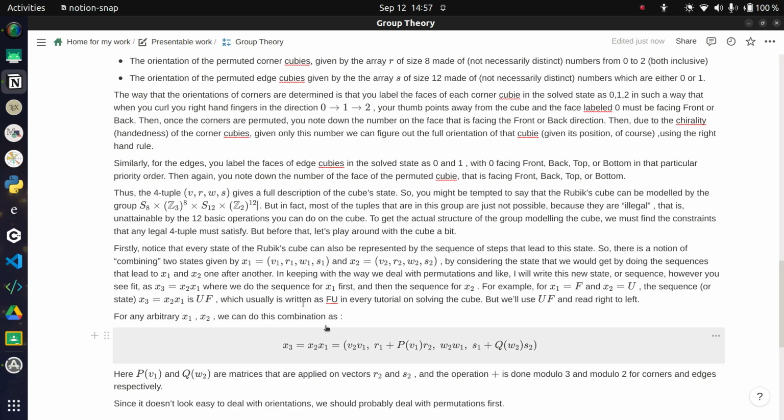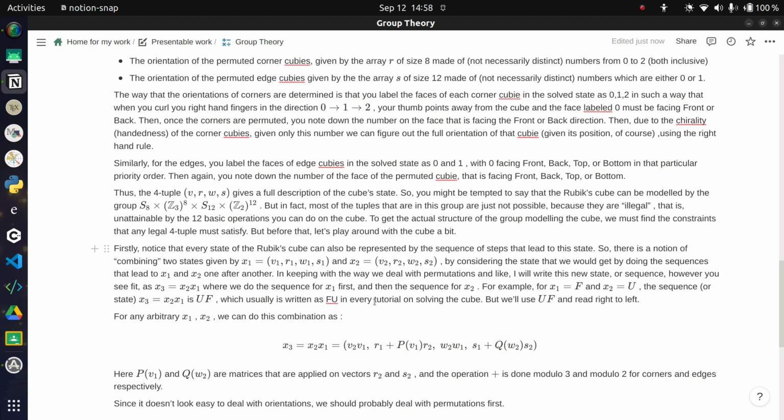We define how we combine 2 states together. Every state is also a permutation of the solved state, so you can think of every state as the permutation itself, as in the sequence of operations you did on it. The way you combine 2 states or permutations, both basically the same in this context, is by doing something like this. The permutations of corners and edges, you just combine the usual function composition way.